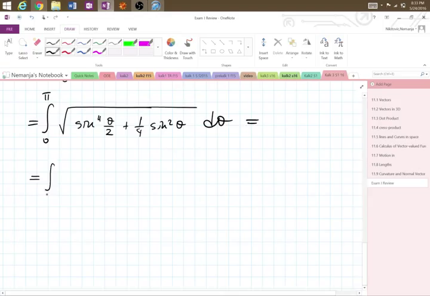Power reducing formula, from 0 to pi. Sine to the fourth theta over 2 can be written as sine squared theta over 2, everything squared.